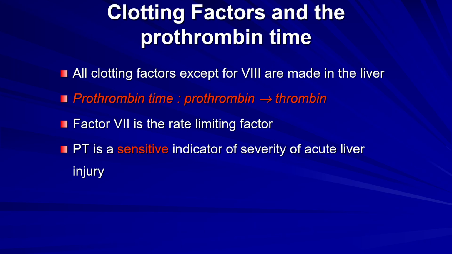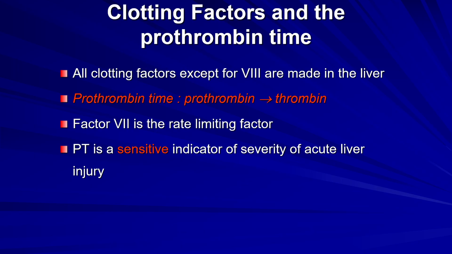So if somebody has acute hepatitis and the prothrombin time becomes very prolonged, that usually indicates severe acute hepatitis to the point of making clotting factors not available. They will become not available so quickly because their half-life is very short.